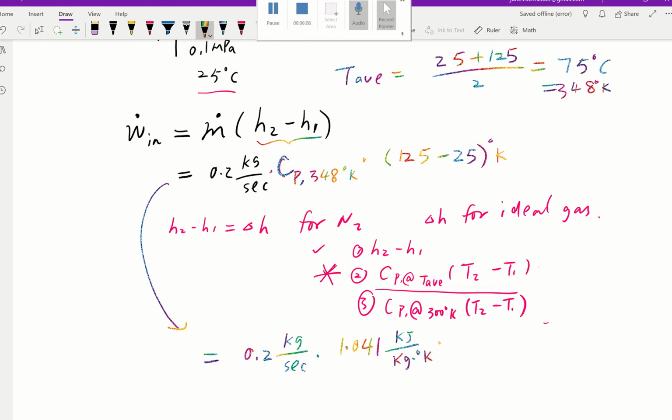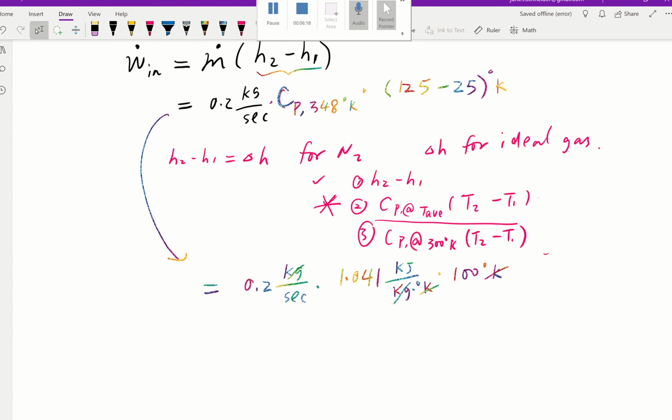Then times the temperature difference, 125 minus 25, which gives us 100 Kelvin. Then Kelvin cancels out, kilogram cancels out, and we get units of kilojoule per second.